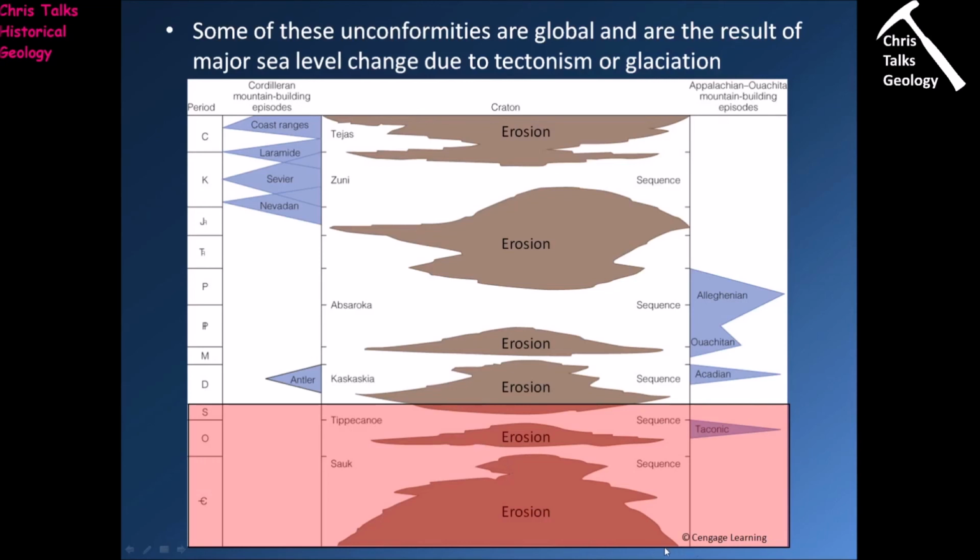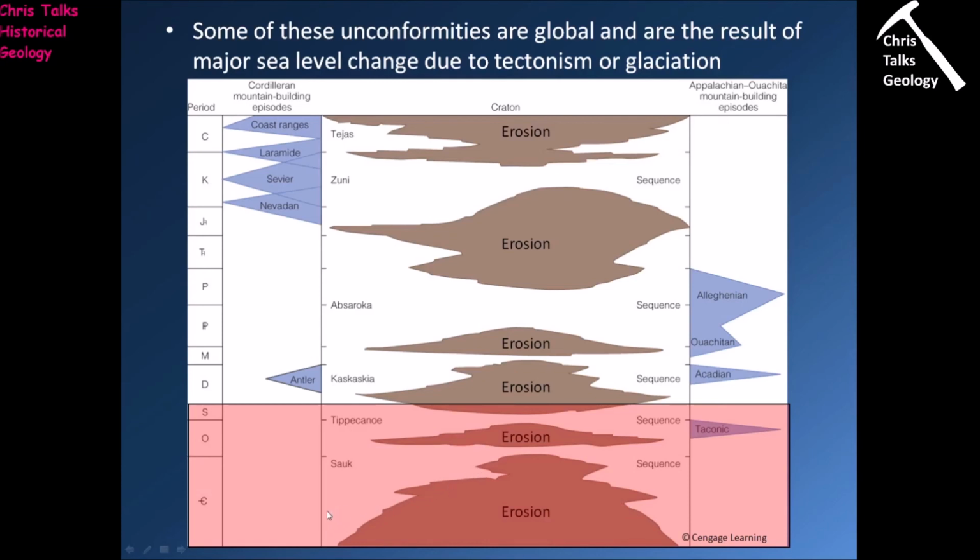So if we come all the way down to the bottom of the diagram and look at the start of the Cambrian, what we can see is that a large portion of Laurentia was above sea level, so it was exposed and therefore undergoing erosion. What you'll notice though is that the amount of rock that's exposed gets smaller and smaller as we progress through the Cambrian.